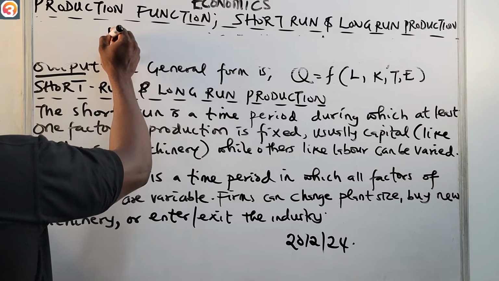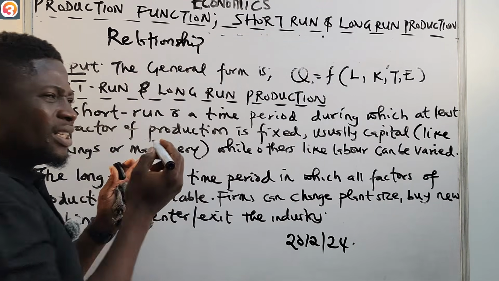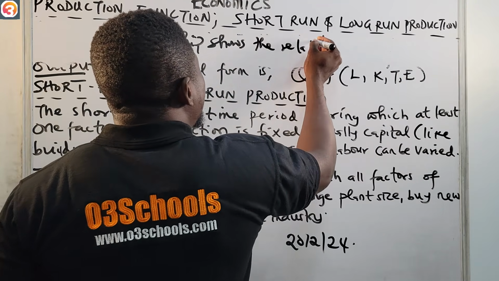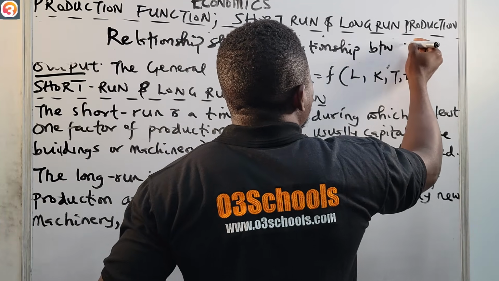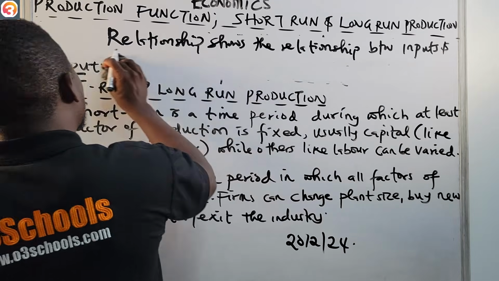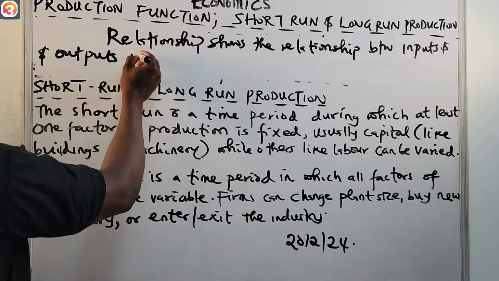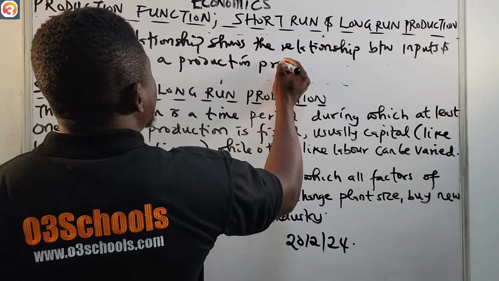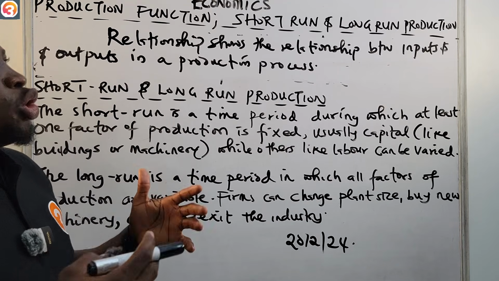If you want to write, please write down: shows the relationship between inputs and outputs in a production process. So this is another way of defining production function.